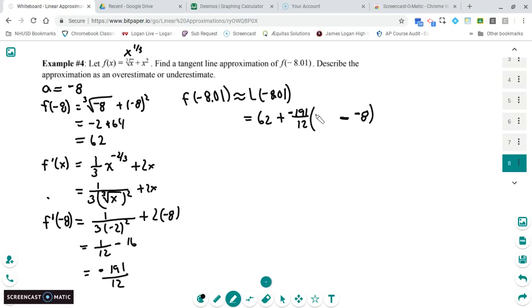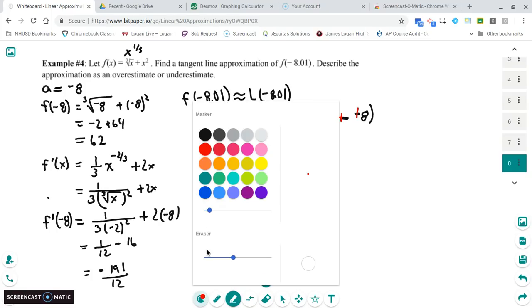All right, so this value, -8.01. All right, so this was f of -8. This is f prime of -8, and here's -8. And so I put all this on my calculator, not forgetting that we have some double negatives, plus, right? Do all that. Okay.